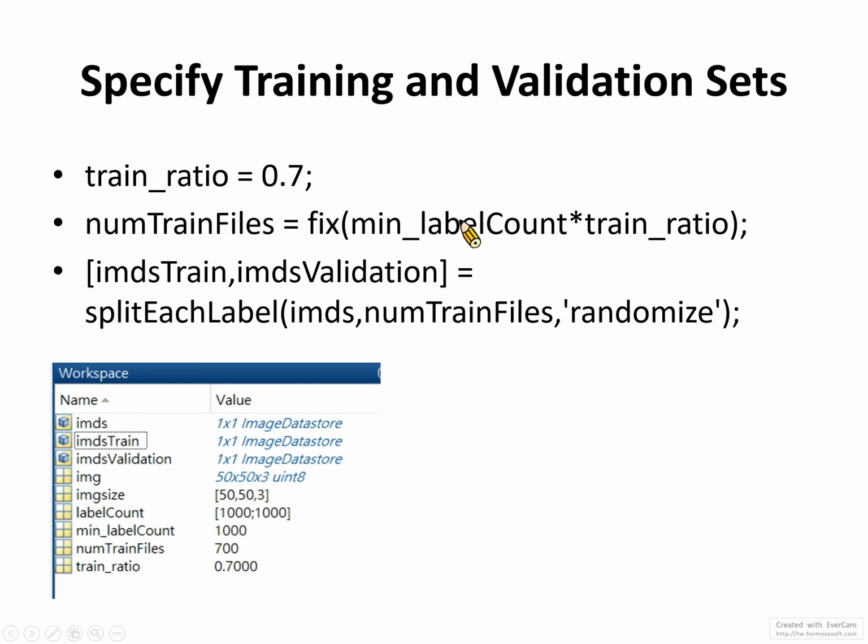If you execute this code, you should see 2 variables generated, which are IMDS train and IMDS validation. These are also image data store format. If you double click on this variable, you can see that there should be 700 files in the training data store variable, and 300 files in the validation image data store variable.